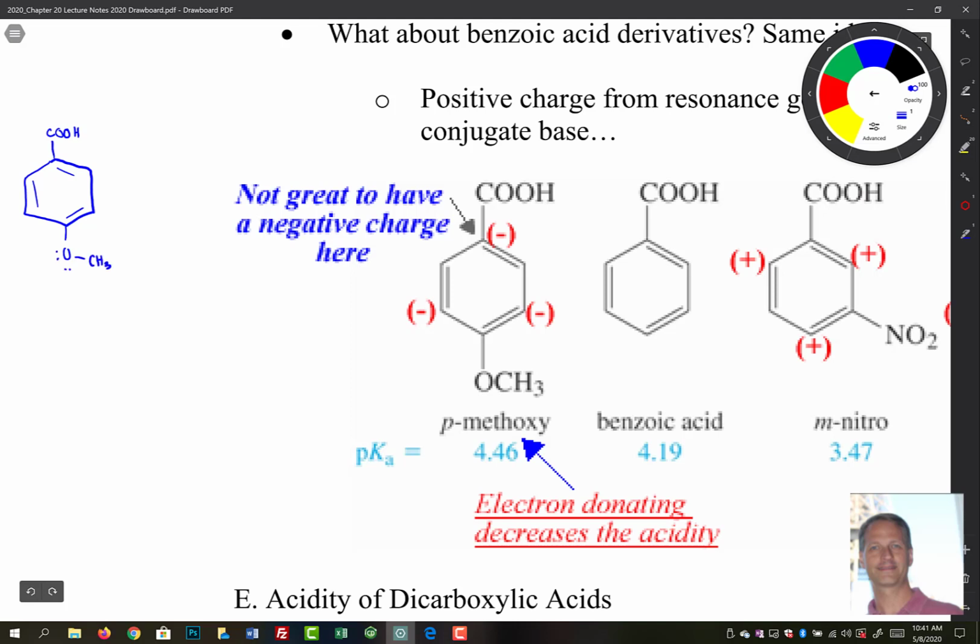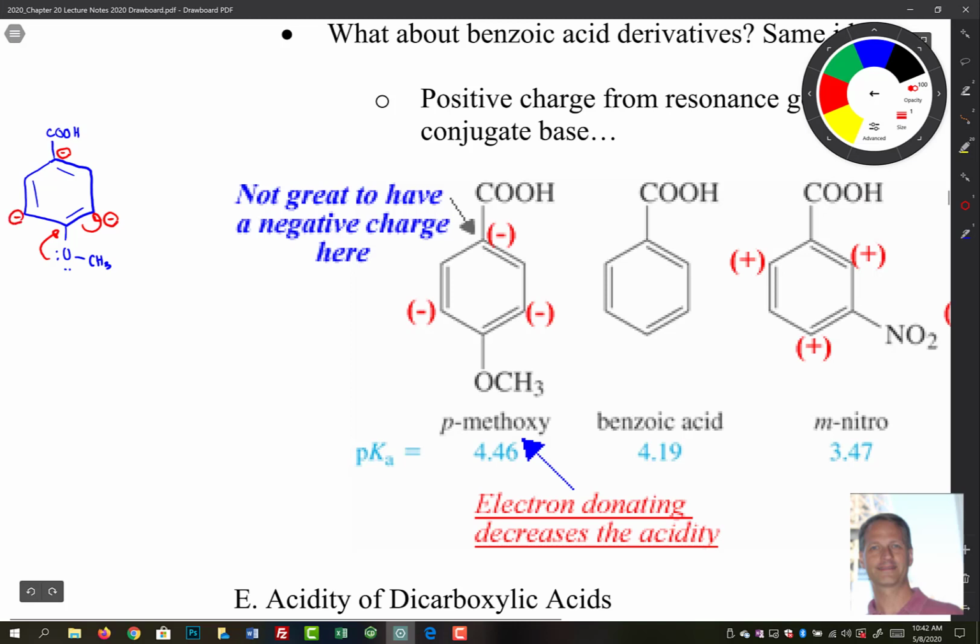So this structure has resonance. We drew them out, right, lots back in chapter 17, so we should feel really good with them. But right, if we look at one of our resonance structures, we're going to get that, and that would put a negative charge there, right? And then going through the rest, we'd get a negative charge here, and then we would get a negative charge down here.